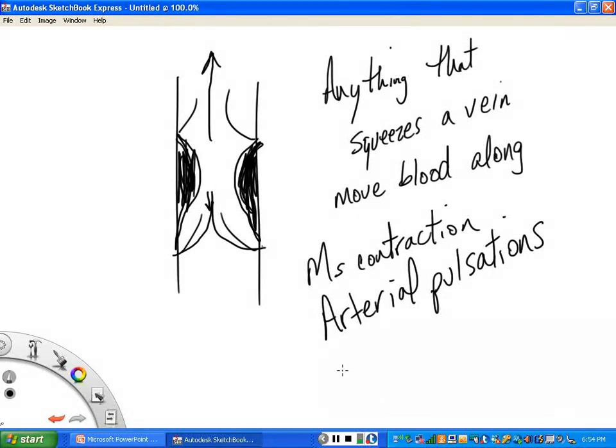Miriam, what would you say the next one is? Breathing. When you breathe, you pressurize your thoracic cavity, and when your diaphragm moves down, it pressurizes your abdominal cavity. So you breathe in and out, and you're rhythmically compressing the tissues in the abdominal and thoracic cavities.